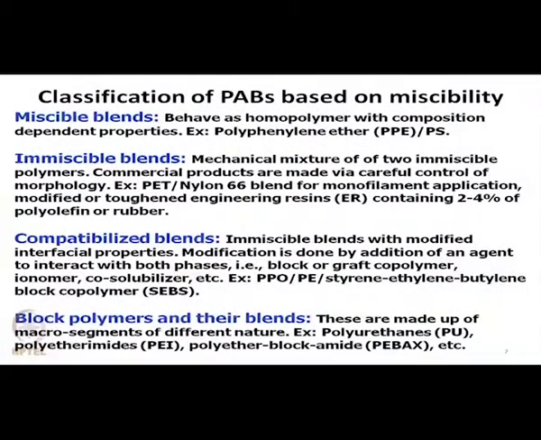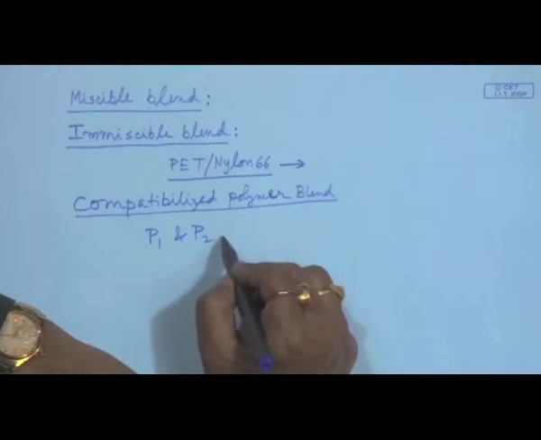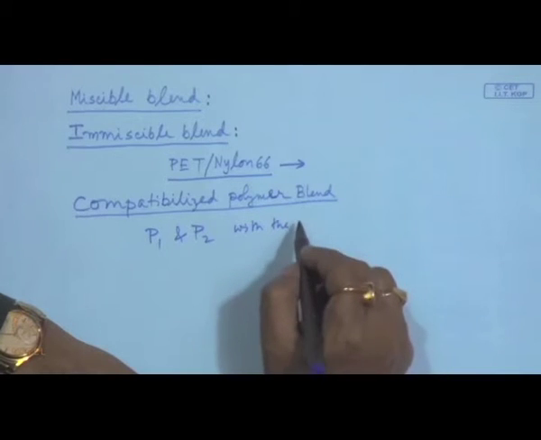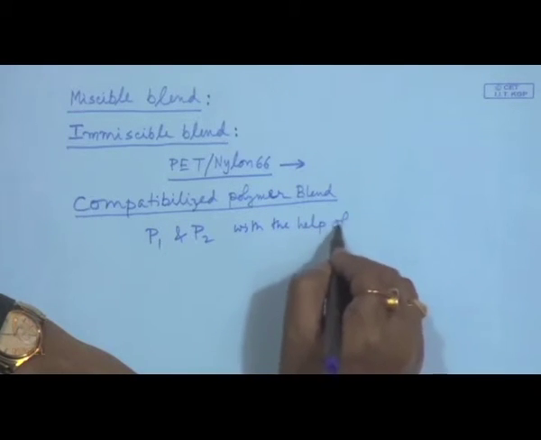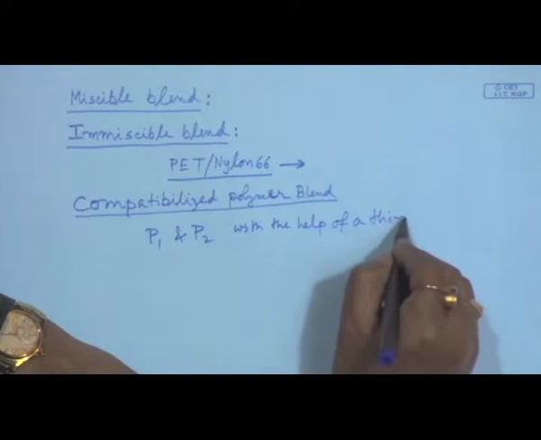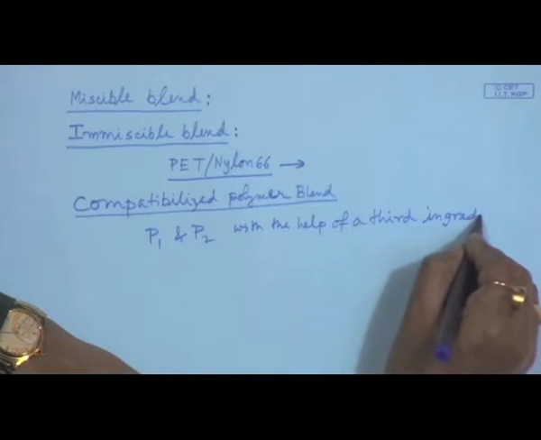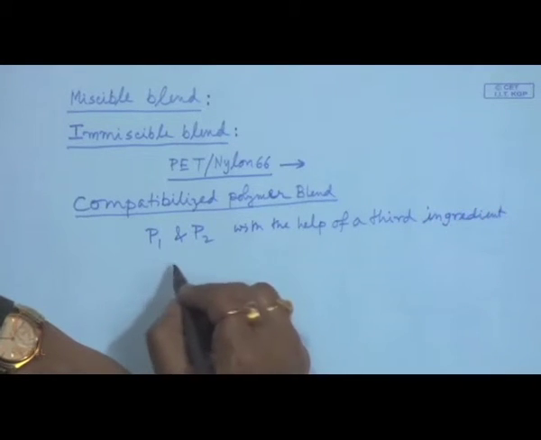When two component polymers are not compatible in a mixture, in a blend, we can also use those component polymers P1 and P2 to form a blend with the help of a third material, an ingredient, we should say, that is known as a compatibilizer.